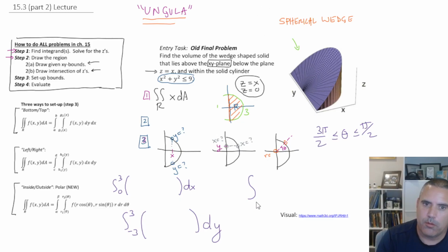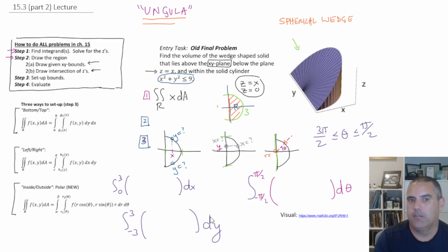Or as I would prefer, I'd like to say negative pi over 2 for when I'm down to pi over 2 for when I'm up. All three of those things are fairly easy to do because you're just saying what's the smallest x, what's the biggest x, what's the smallest y, what's the biggest y, what's the smallest angle, what's the biggest angle.